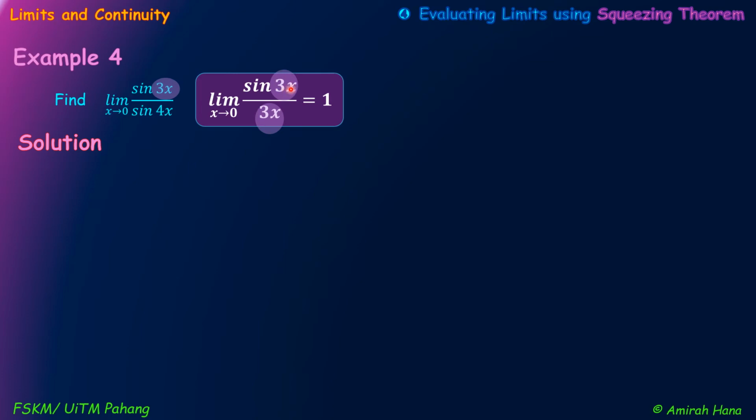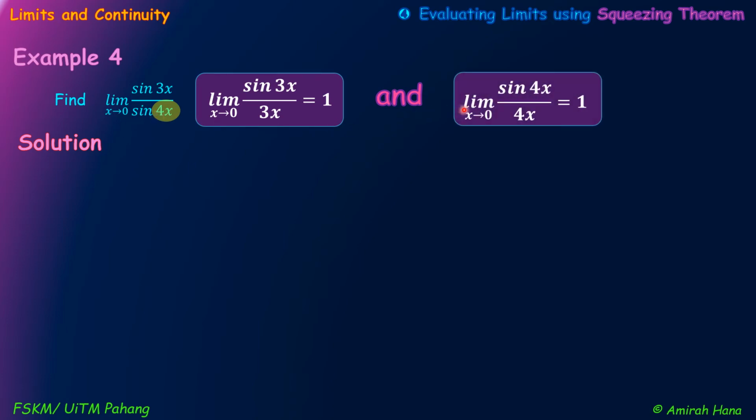From the denominator here, we have sine 4x. So we can use the squeezing theorem: limit as x approaches 0 of sine 4x over 4x equals 1.